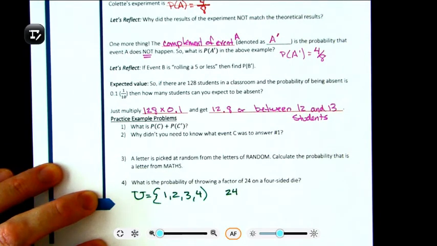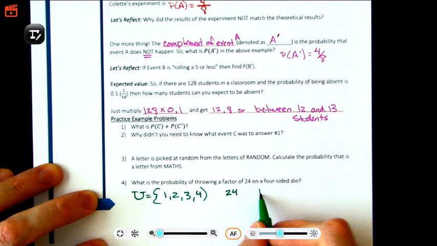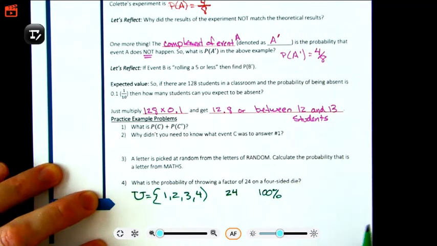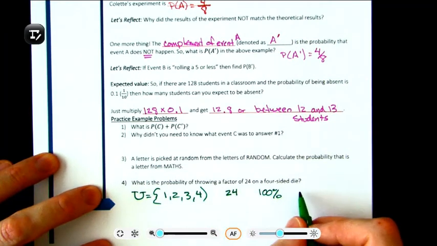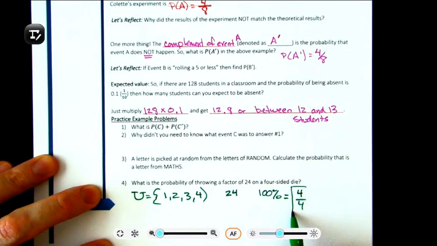So what's the probability of me throwing a die and getting a number that's a factor of 24? It's going to be a 100% chance, right? If I throw this, it'll be 4 out of 4, because there are 4 different things that can happen, and 4 of those events are true. They work. So 4 out of 4. It is certain to occur.